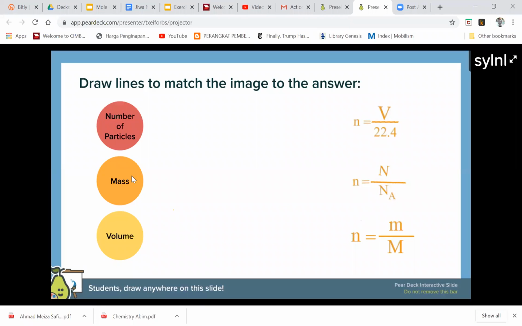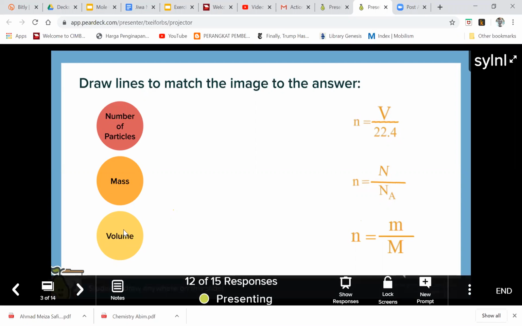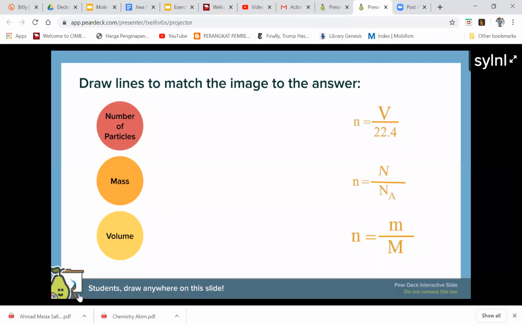Mole will be equal to mass over molar mass. If you want to find the volume, then mole will be equal to volume over 22.4 liters. And remember, the volume is only valid for gas, and the condition must be at STP, okay?